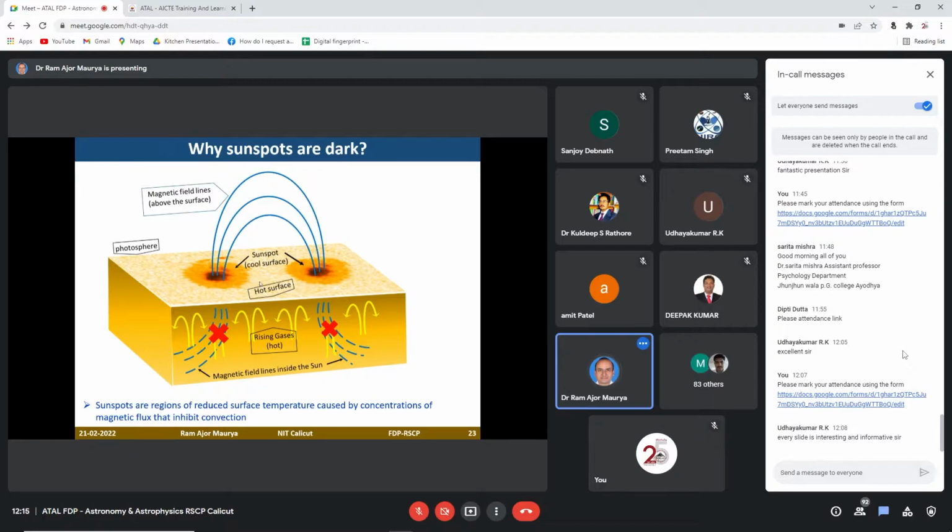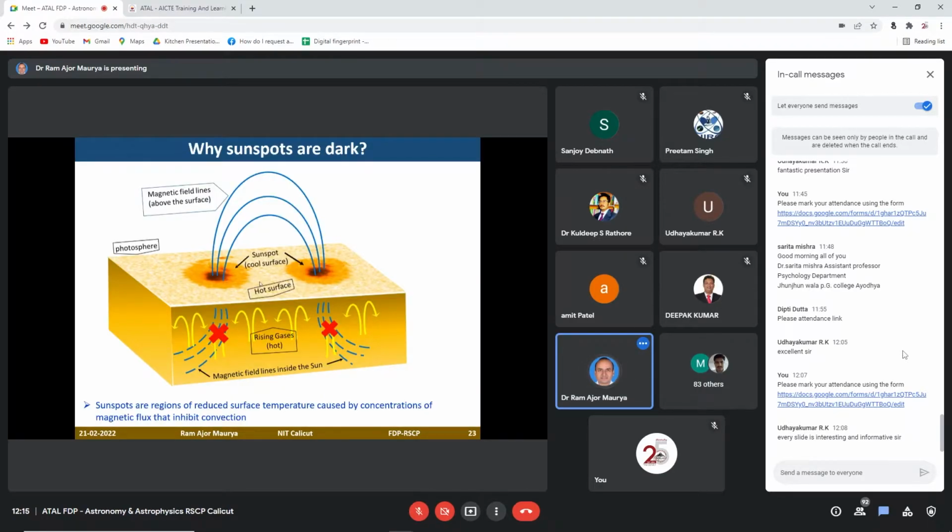So here we have some plots of the sunspots. On the top, the x-axis is the time, and the y-axis is the latitude, minus 90 degrees south to plus 90 degrees north. If you plot the sunspot positions as a function of time, you will find something like a butterfly.